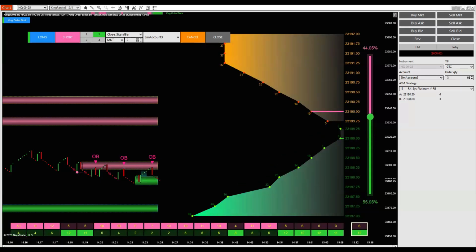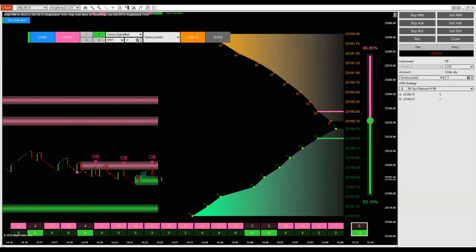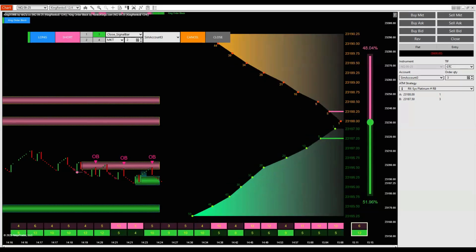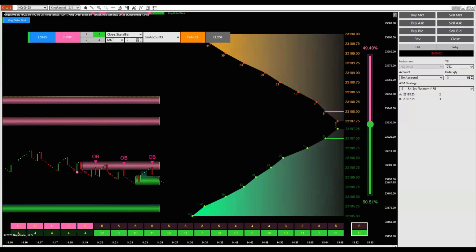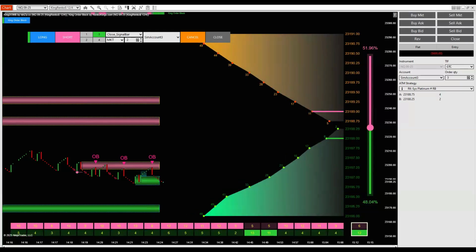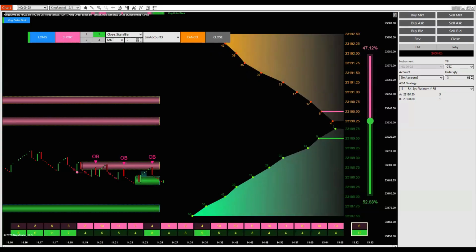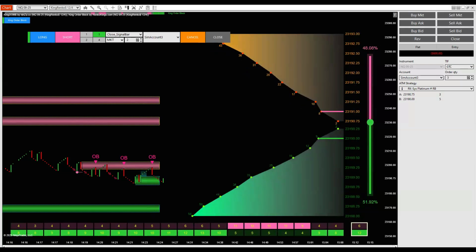How many charts can you trade with this? I guess as many as your computer will allow, right? If you have a solid computer, you probably can have 20 charts. I don't think there is a limit. If anyone here from ninZaRenko wants to correct me if I'm wrong on this, but I don't think there is a limit.